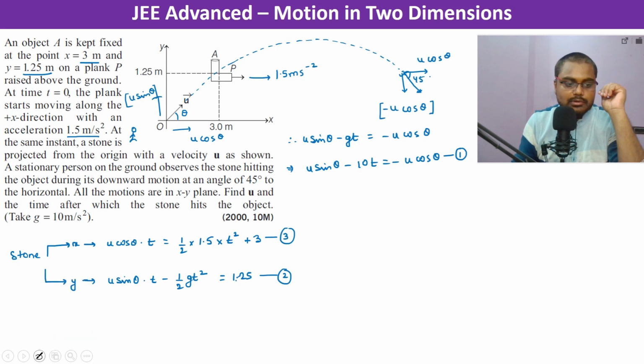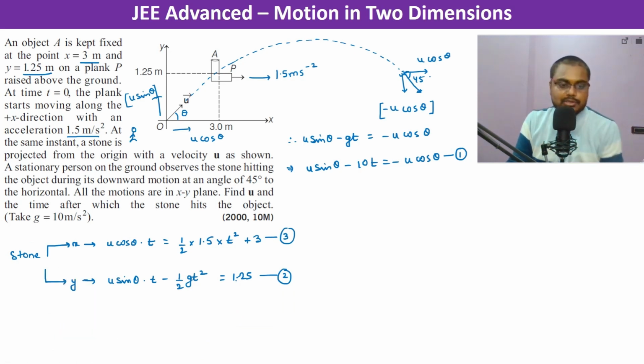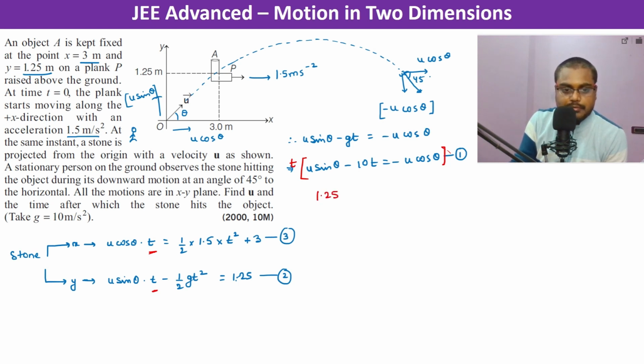Now let us solve it. We know u cos theta t, we know u sin theta t. So let us multiply this with t. So u sin theta t is 1.25 plus half gt square, that is 5t square, minus 10t square, is equal to minus u cos theta t, that is minus of half into 1.5 t square plus 3.